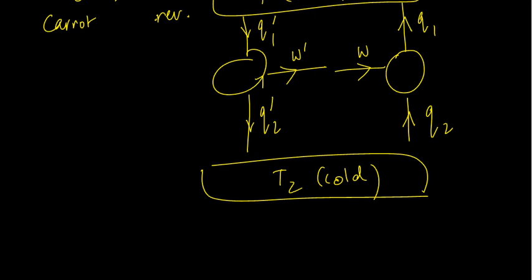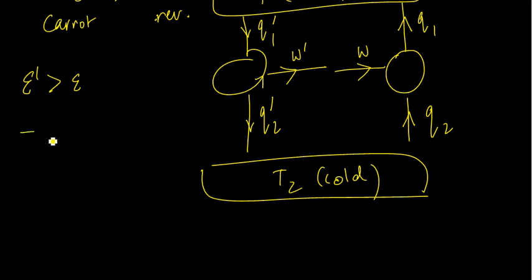Let's do that. What is essentially required? I said that the efficiency epsilon prime is greater than epsilon, the efficiency of the Carnot engine. Which means that the work done by the Carnot engine is more.